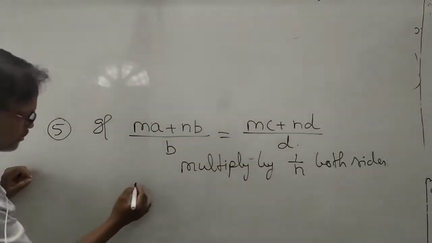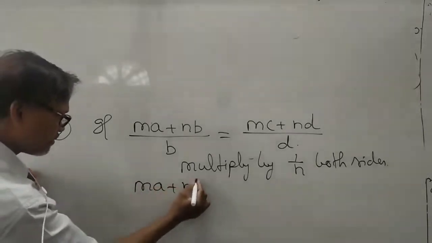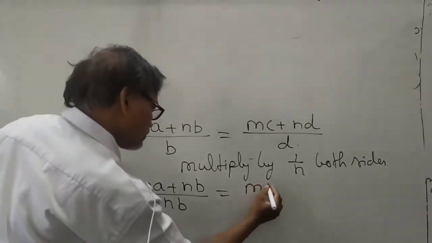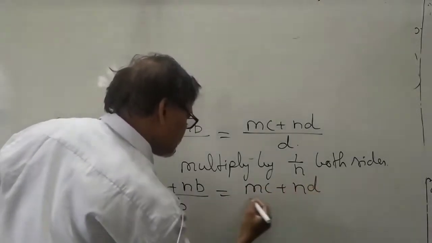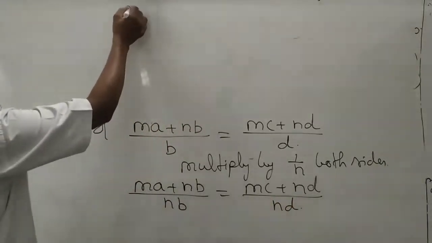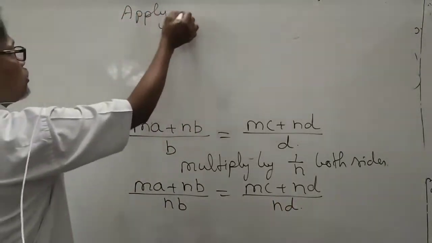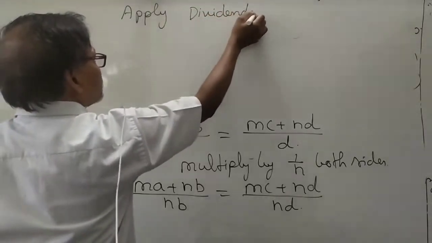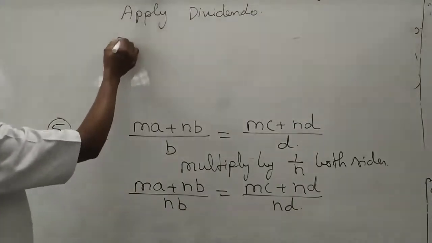First you multiply, so ma plus nb upon nb, and then you apply dividendo, only dividendo. So what you will get?